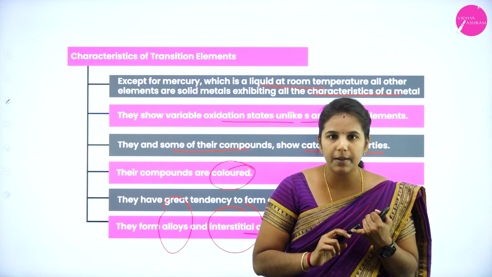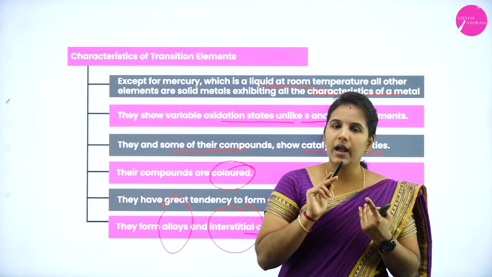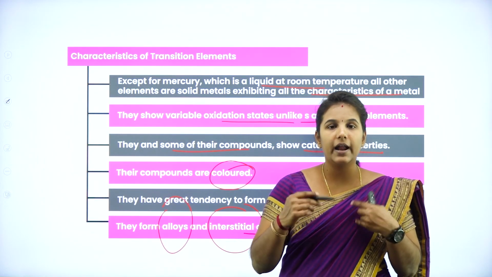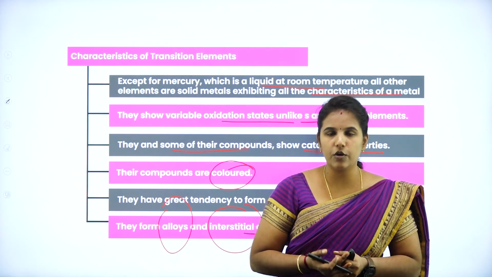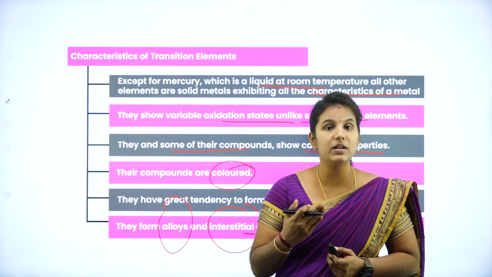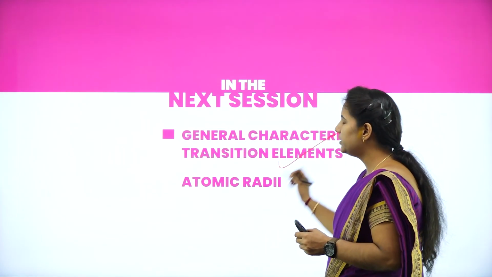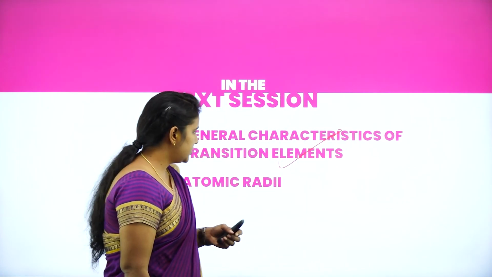Remember, they behave like metals, have catalytic property, can form alloys, exist in the solid state, can form interstitial compounds, and form many complex compounds. And this shows what? Variable oxidation state.